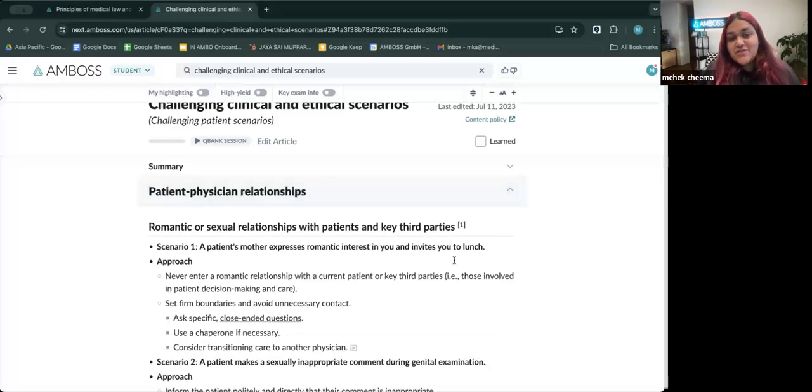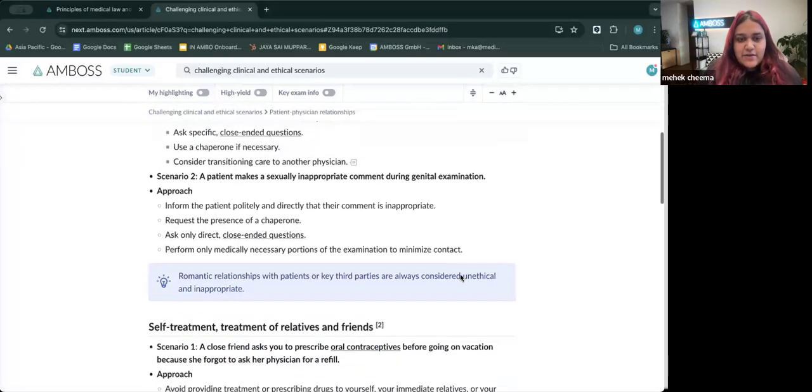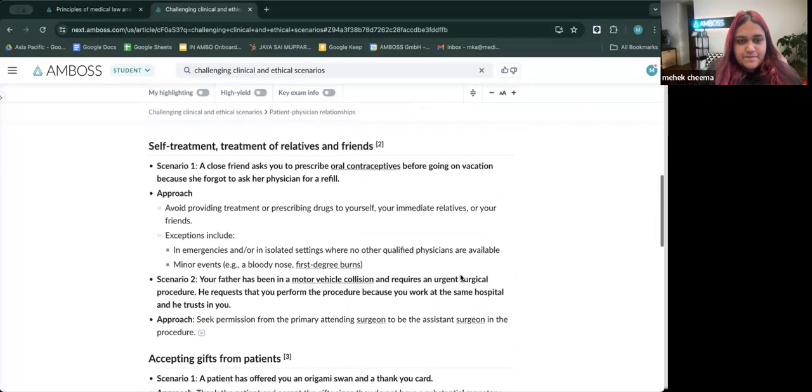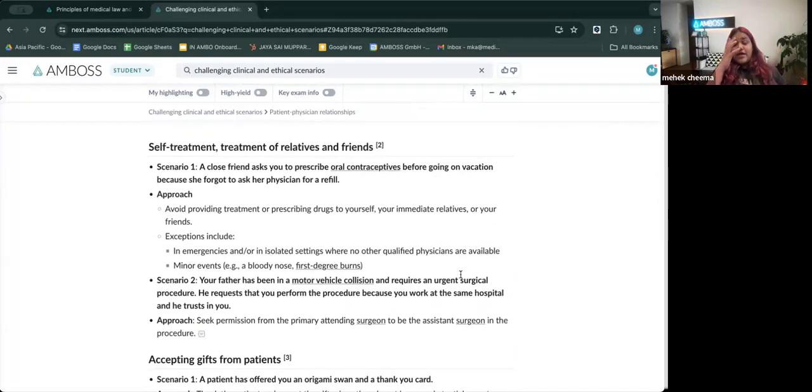So, patient-physician relationships. Let's look at this one. Yeah, self-treatment. So for example, in a situation where a close friend asks you to prescribe oral contraceptives before going on vacation, because she forgot to ask her physician for a refill. This in general is not very appropriate for India. The reason for that is because we don't do refills here.